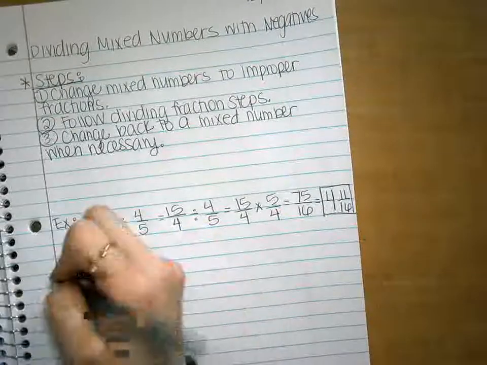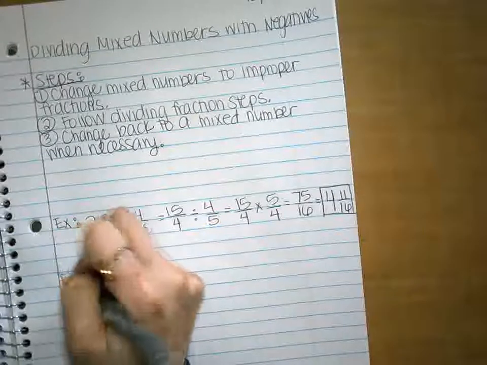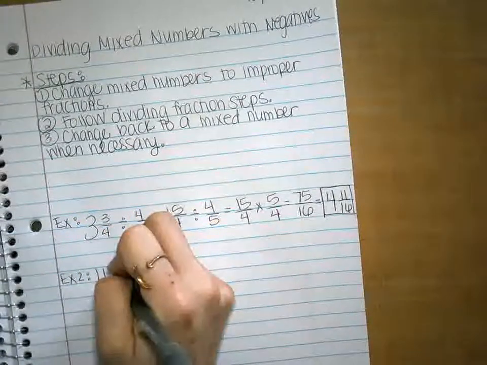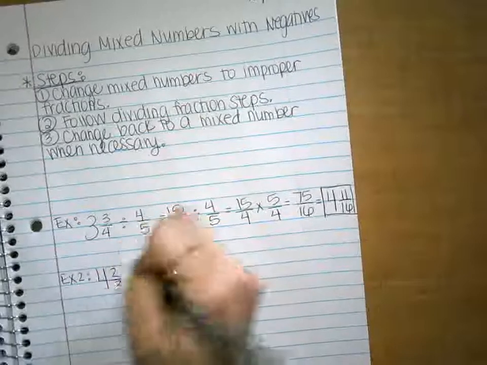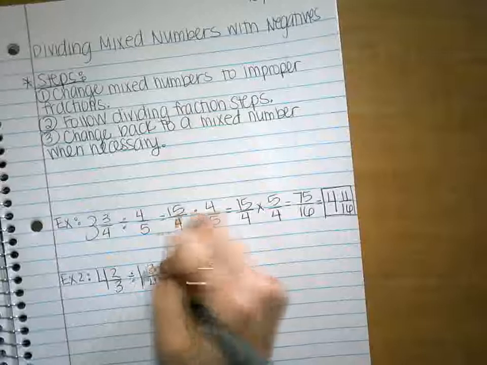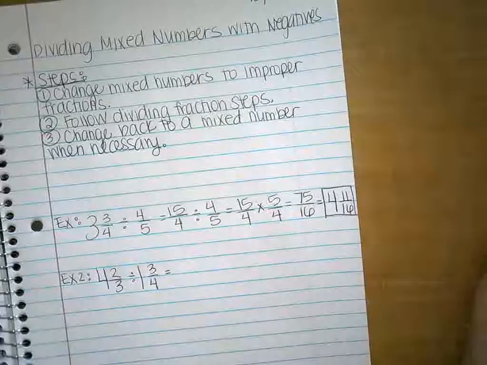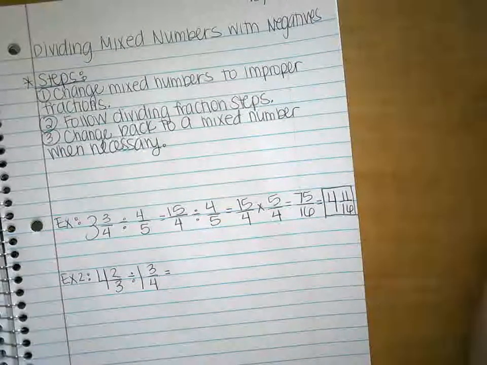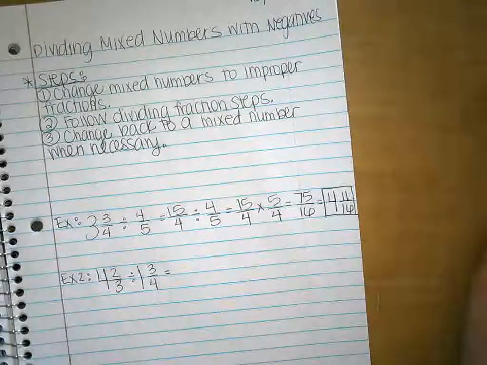Okay, let's try this one. 4 2/3 divided by 1 3/4. What's the first thing I need to do?